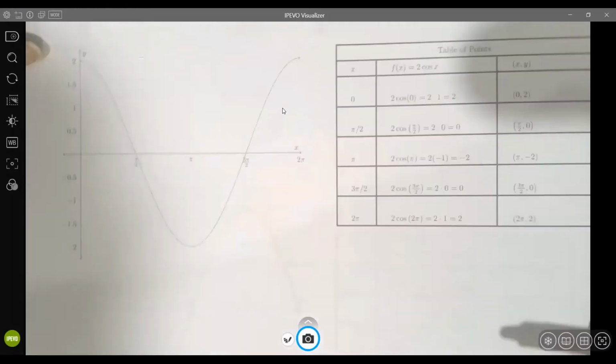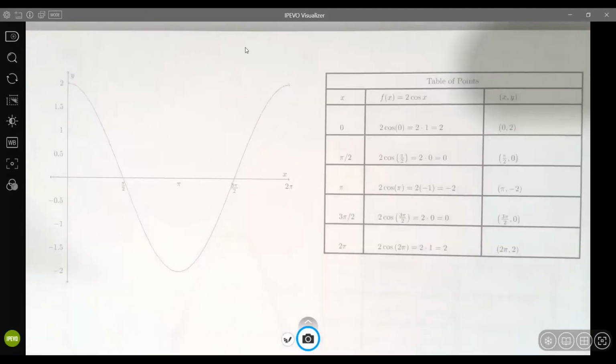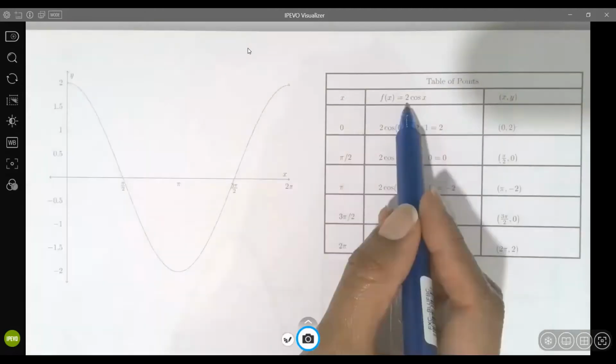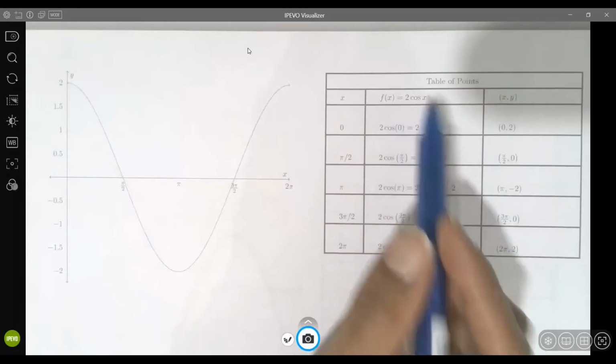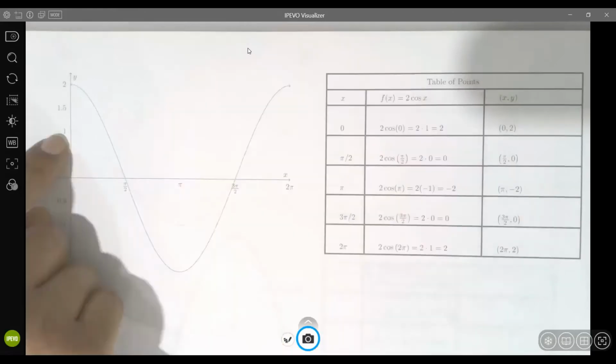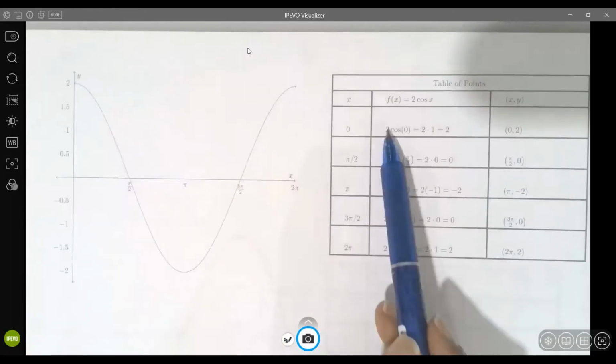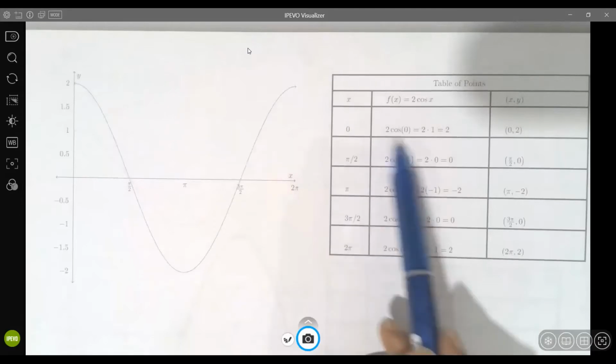Now, page number 6, we don't really have to do anything for it. This is showing you that the same thing happens to cosine. So if we have the graph f of x is equal to 2 cosine x instead of just the f of x equals cosine x, which is again drawn here very faintly, then you go through that same process of plugging in the x values and then getting out the output y value.